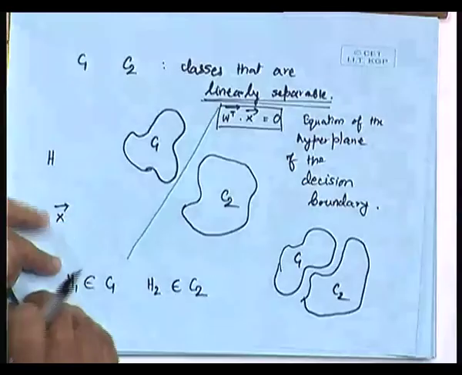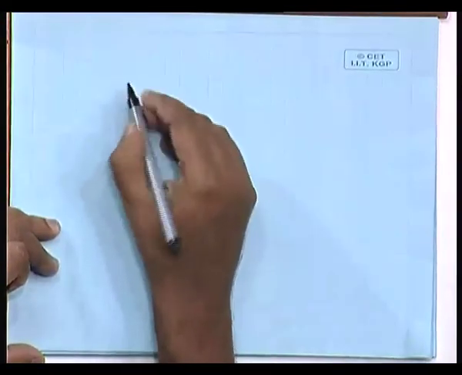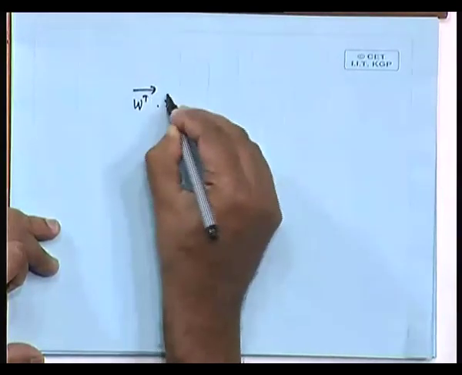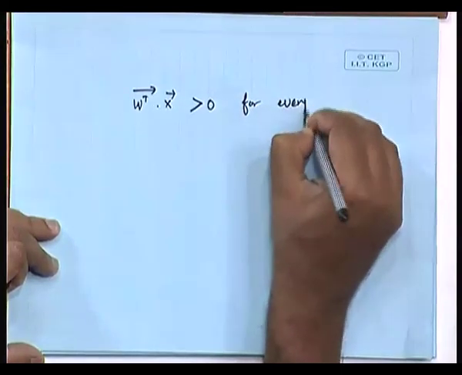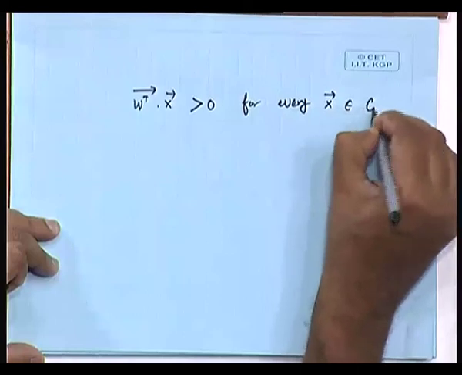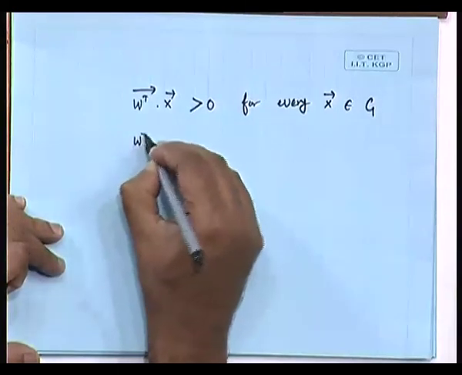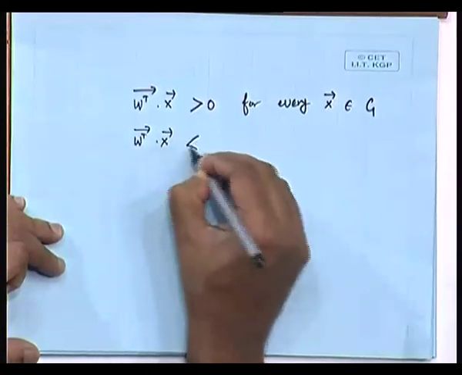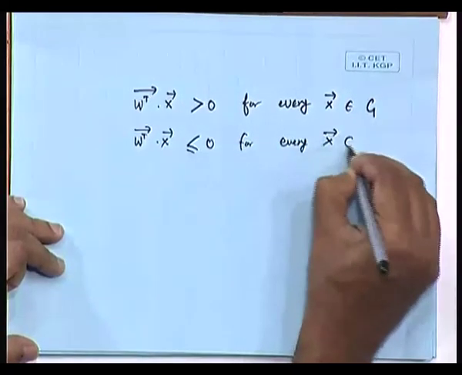Now that we are classifying it into a two-class problem, the classification equation we can simply write, given that the decision boundary is W transpose X vector equal to 0: W transpose X vector is greater than 0 for every X vector that belongs to the class C1, that means it is drawn from the H1 set. And W transpose X vector is less than or equal to 0 for every X that belongs to C2.